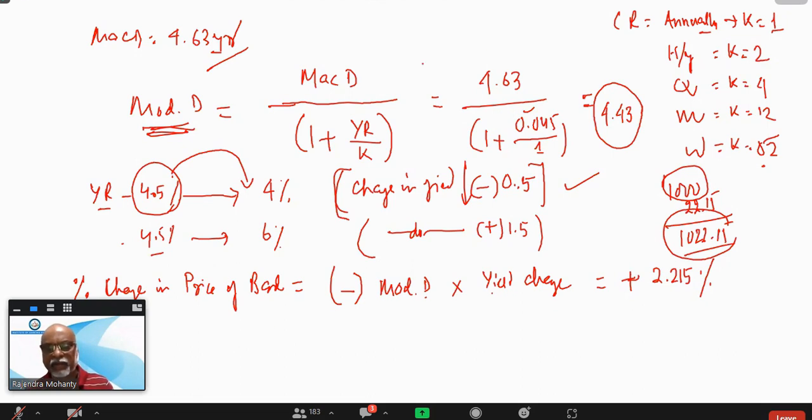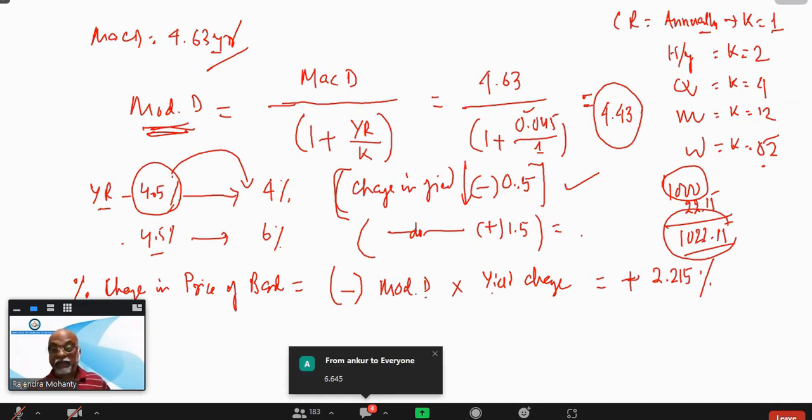Similarly, the second one, how much will be the answer? That is 6.645. Again, tell me, plus or minus? Minus. So now you can calculate, if the interest rate goes up by 1.5%, what will the price be?